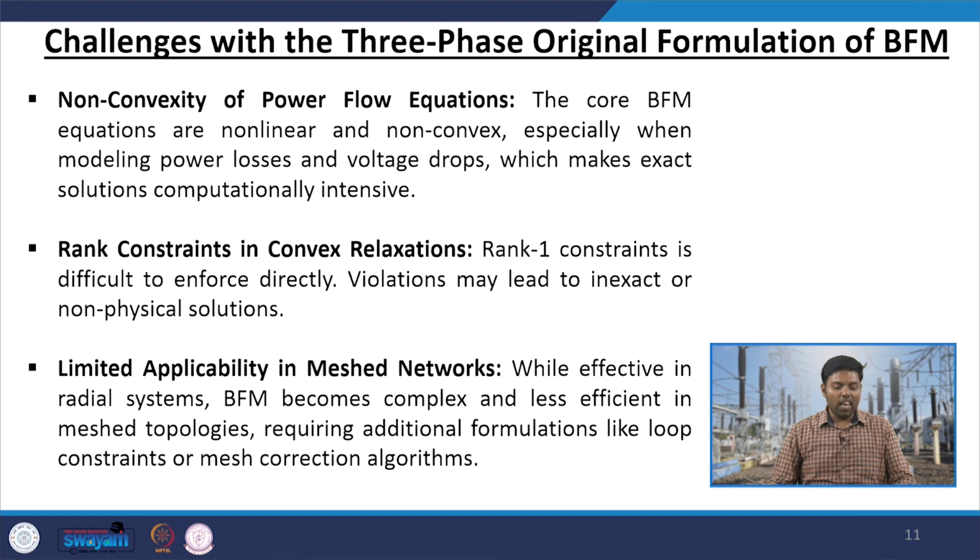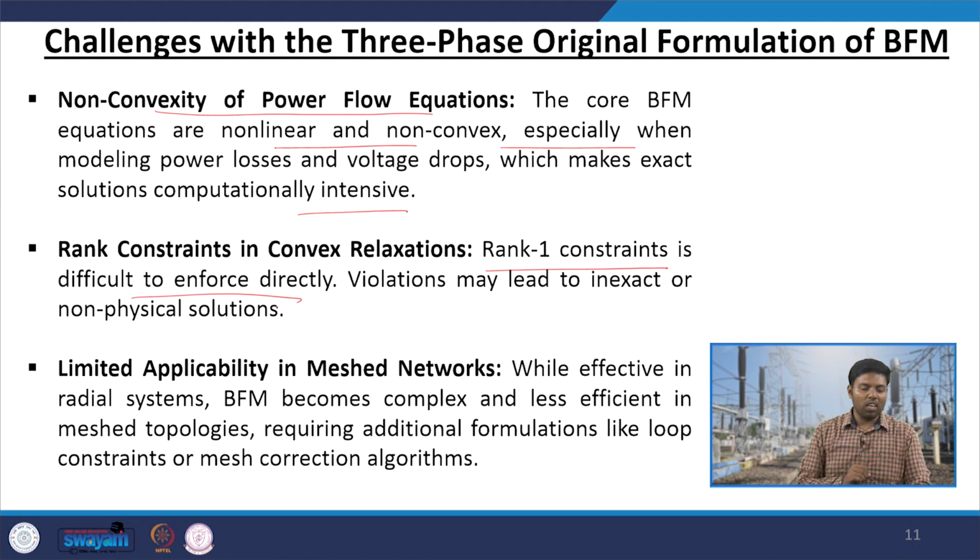So, what is the challenge in dealing with the 3-phase original formulation of the BFM? First thing, obviously, the non-convexity of the power flow equations. The power flow equation has more nonlinear and non-convex terms, especially when modeling power losses and voltage drop, which makes it computation intensive. Then this rank 1 constraint imposed for a solution is very difficult.